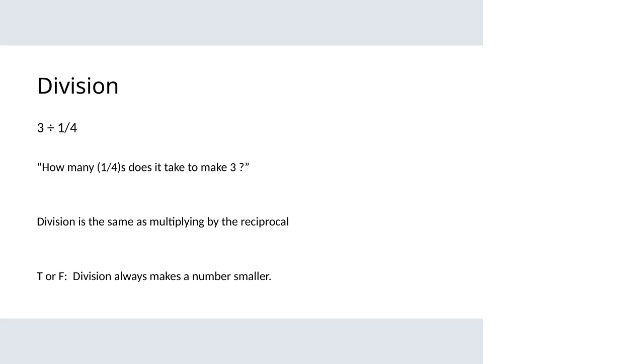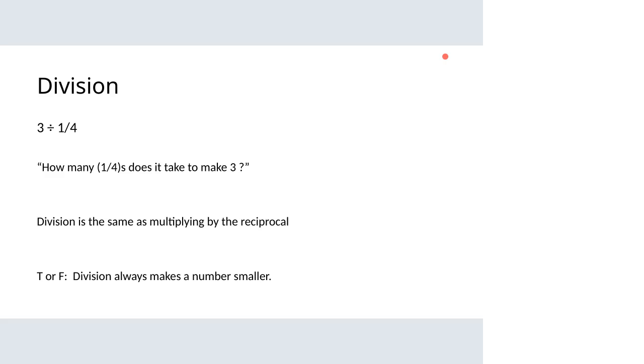What if we wanted to do 3 divided by 1/4? Now I want to do 3 divided by 1/4. Off the top of my head, 12 divided by 6, okay, I can do that in my head, but 3 divided by 1/4, that's a whole different thing now.